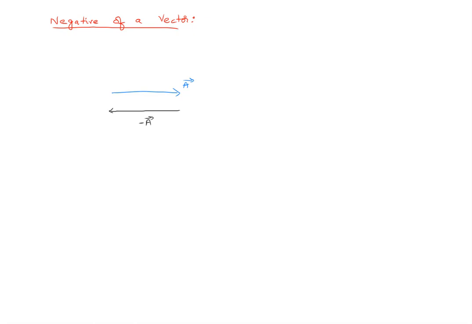Now, if you consider the magnitude, for a it is mod a, and for the negative it is minus of mod a, which is nothing but mod a.